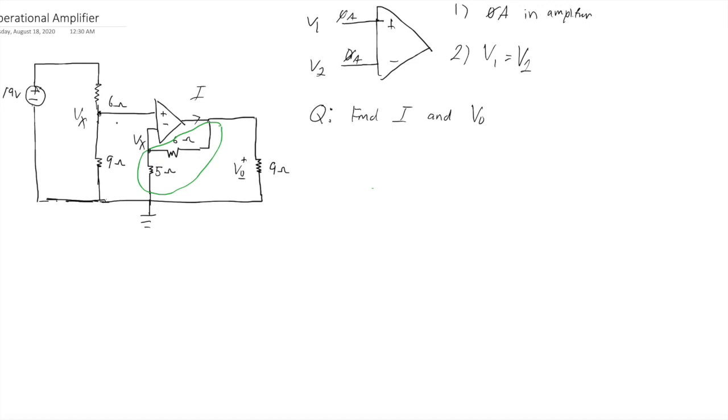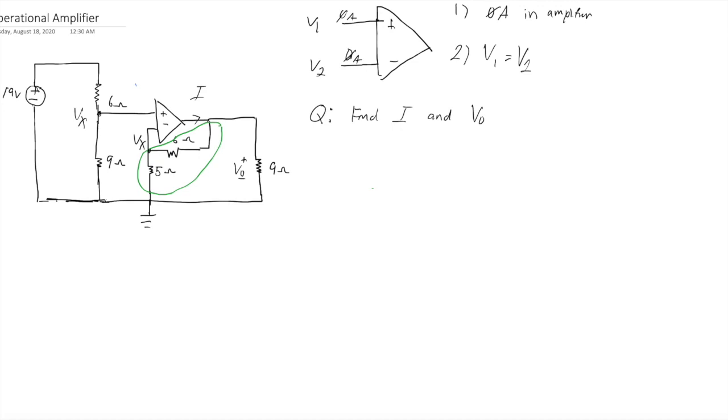Since there's 0 amps, we can treat this wire that I'm about to outline in blue as if it isn't even there. So it's just a simple series circuit with 6 and 9 ohm resistances, and the easiest way to do this is to simply do a voltage divider.